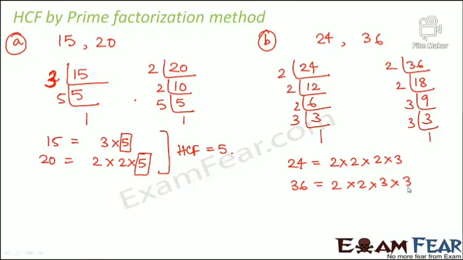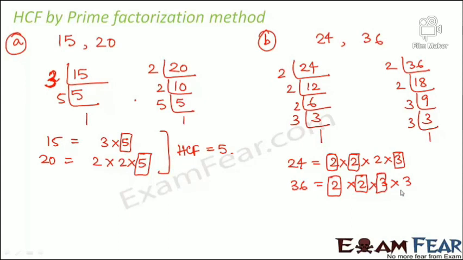Now tell me, what do you see in common? In this case, this 2 is common, 2 is here, 2 is also here. Do you see anything else common? This 2 is also common because 2 is here and 2 is here. Is this 2 common? Here you have a 2 but here you do not have a 2. So this is not common. Is this 3 common? Here you have a 3 and here also you have a 3.